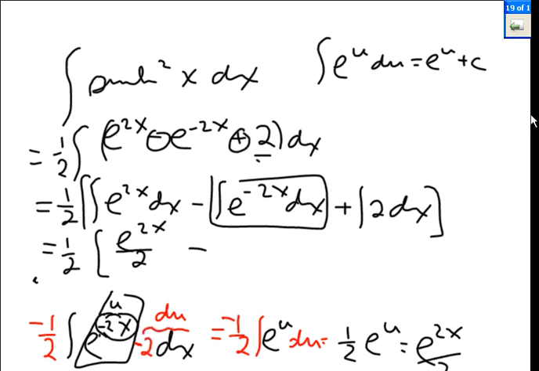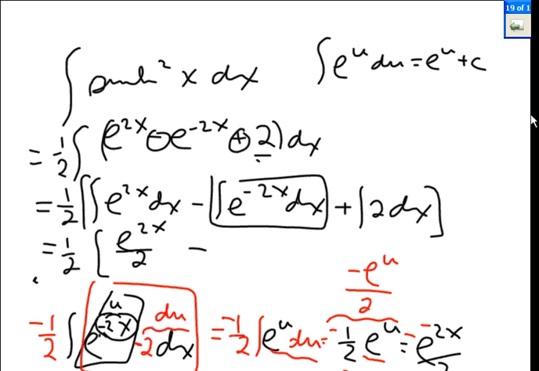Okay, and then I get the same thing. This here would be e to the u du. The integral of e to the u du is just e to the u. So it would be minus a half times e to the u, or negative e to the u over 2. This here is the same as negative 1 times e to the u, which is negative e to the u over the 2.